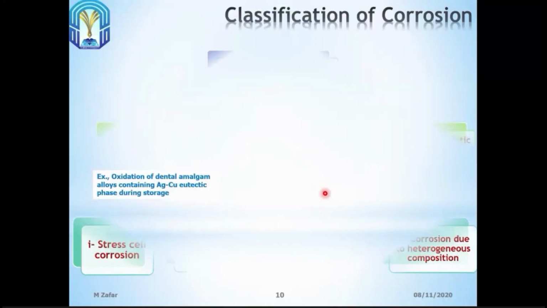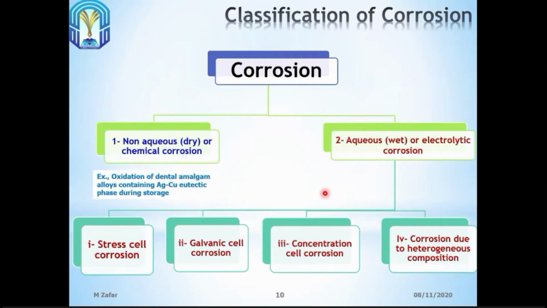So the corrosion can be classified into two main groups, the dry corrosion or chemical corrosion, and aqueous or wet corrosion. As you can see from the name, the dry corrosion will happen only in dry environment when there is no water, no moisture, while the aqueous corrosion will take place in the presence of water or moisture.